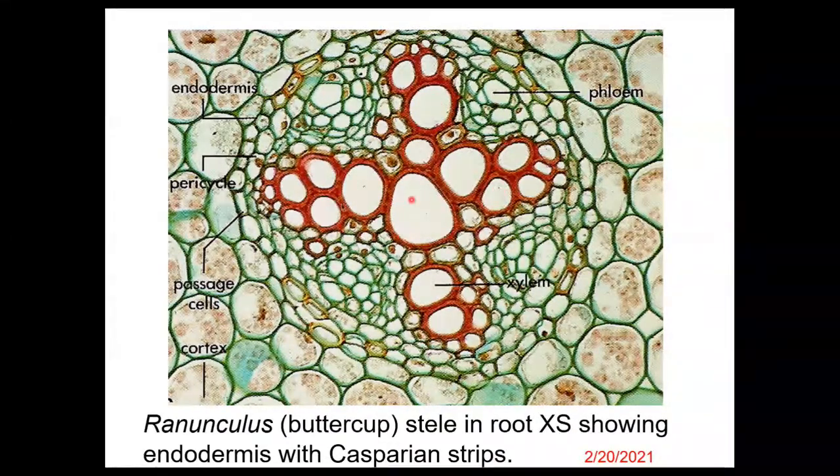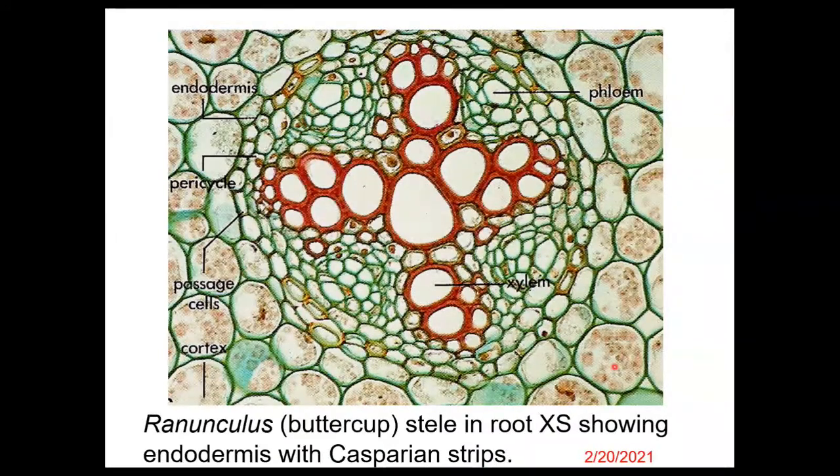Tons of these slides are sitting in mothballs in biology buildings around the world because nobody's looking at them anymore. By the way, out here, you got starch grains in this parenchyma. So that's what some of this stuff is, starch inclusions.